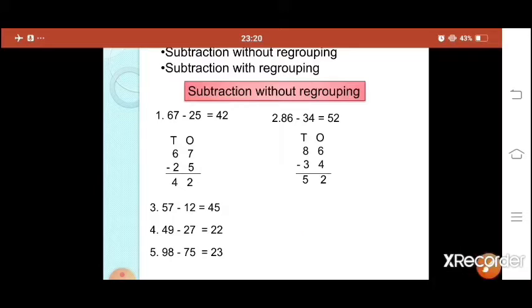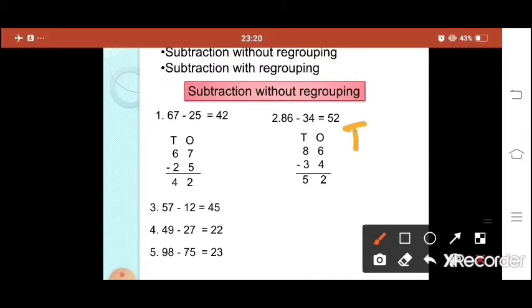Next, we will write like this, 49 minus 27. Similarly, 9 in the mind, 7 on the finger, before 9, 8, 7, 6, 5, 4, 3, 2.